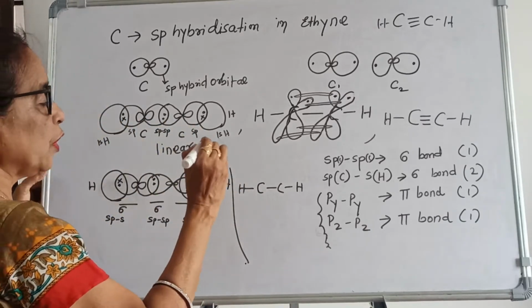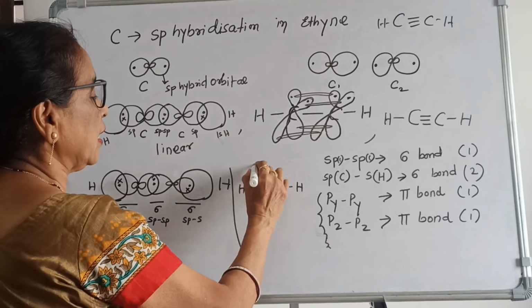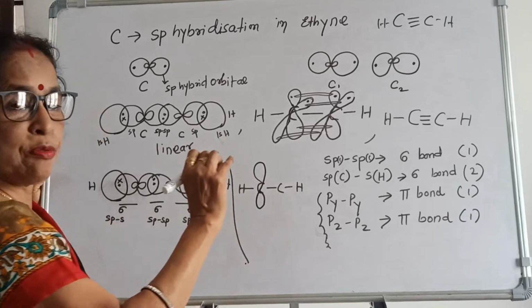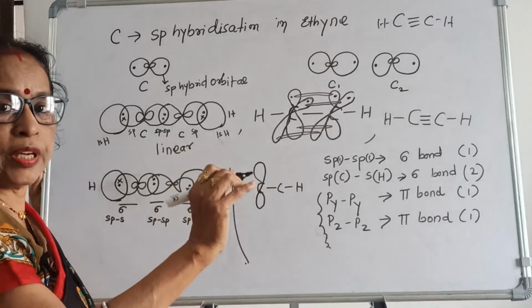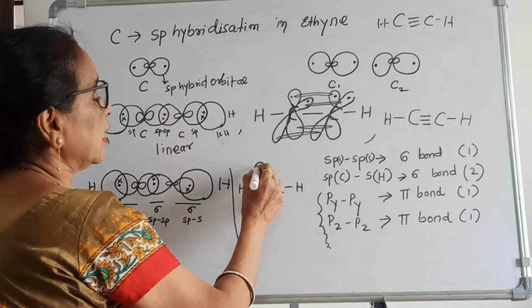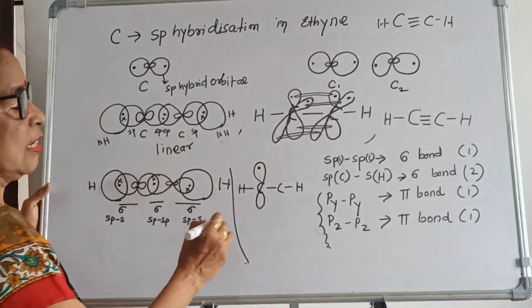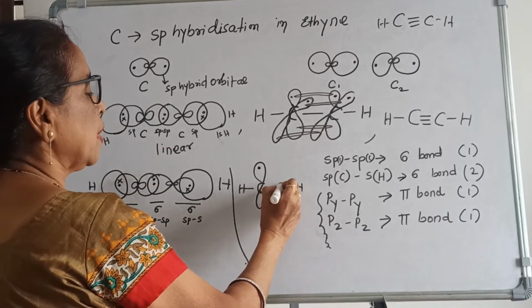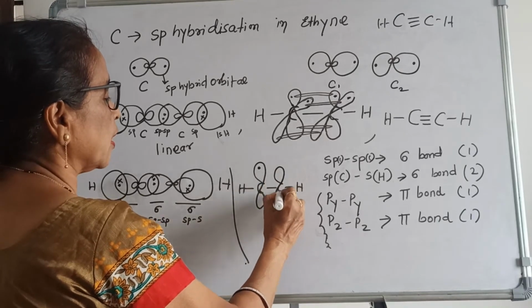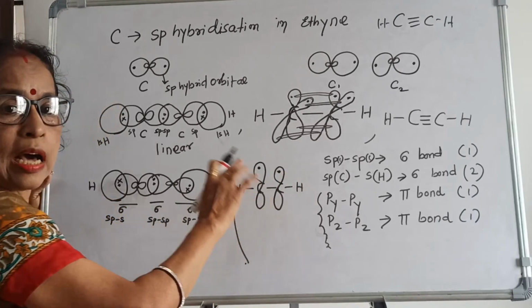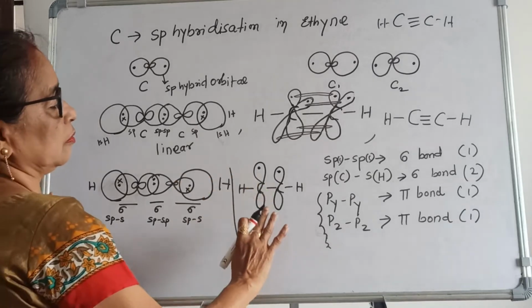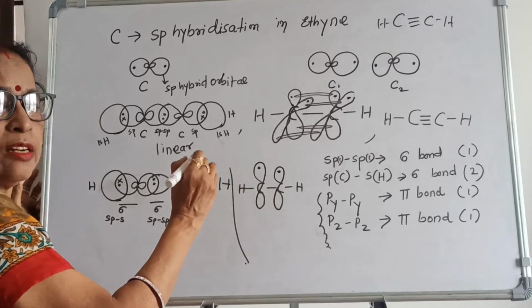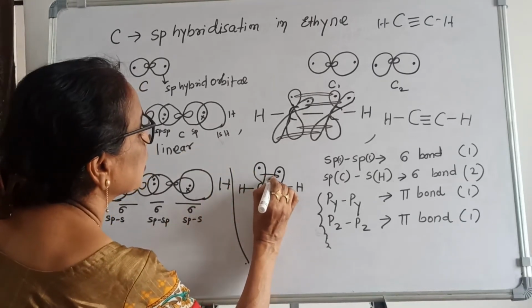After that we know py is not undergoing hybridization. Here it contains 1 electron. Similarly, py on the other carbon also contains 1 electron, and both are unhybridized orbitals. So they can overlap with each other.